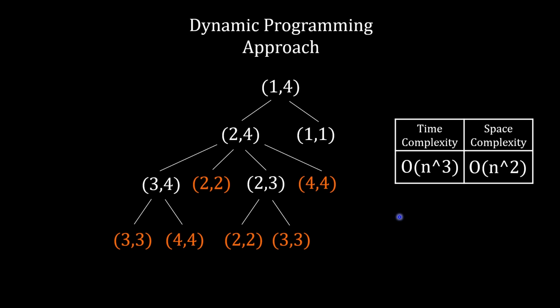We can see an improvement in the dynamic programming approach. The worst case time complexity goes down to big O of n cubed, because for each range in the memorization table of size n squared, we need to calculate n possible splits.